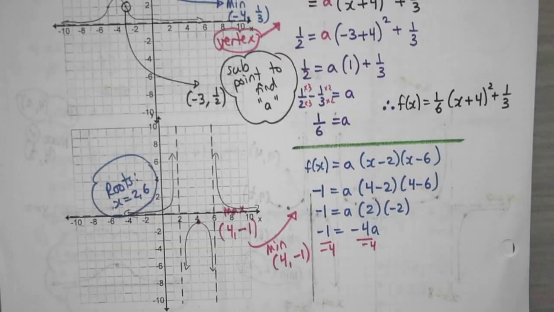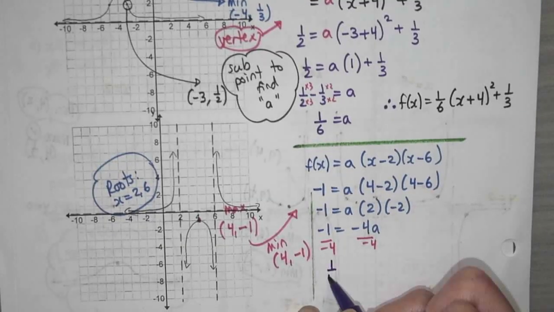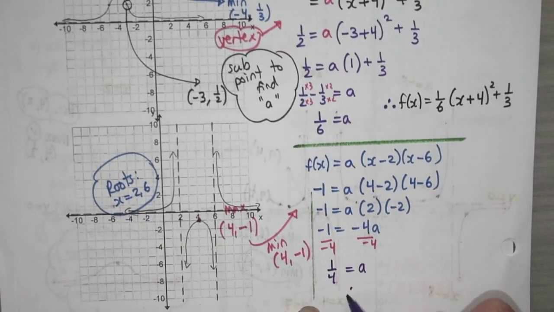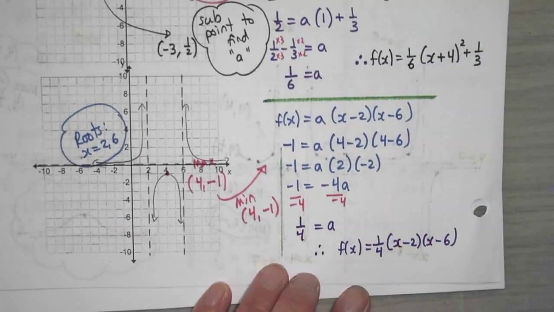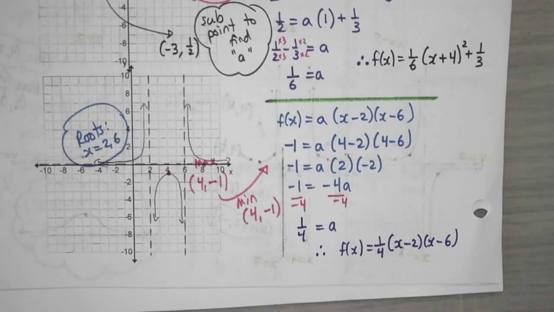Then this will go to 1/4 equals a, so therefore f of x equals 1/4 times x minus 2, x minus 6. So it's just showing you the contrast of the two types. If you have the roots, use the factored form. If you don't have the roots, then use the other form. All right?